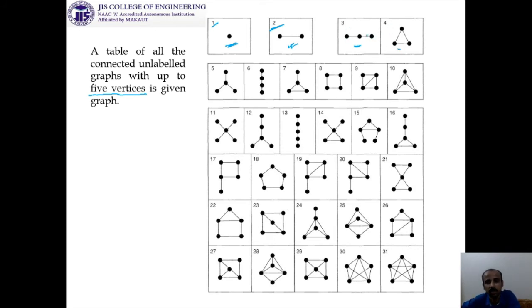Here the total number of vertices is 3, and here is also 3, and these two are present in a single block of connected graphs. That means these two represent two different structures. Why different structures? Because the number of edges here is 2, but the number of edges here is 3, though the number of vertices is the same, 3 and 3. So these are connected graphs with 3 vertices.